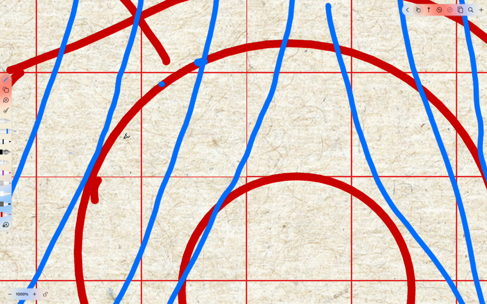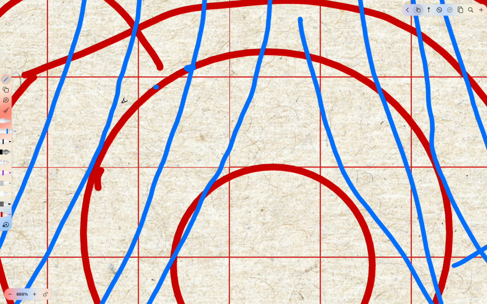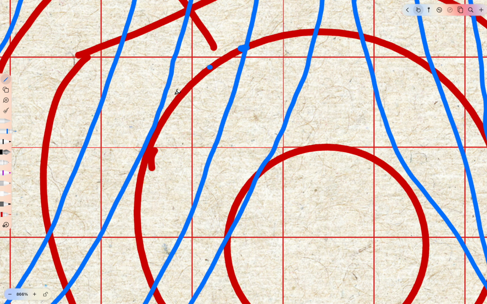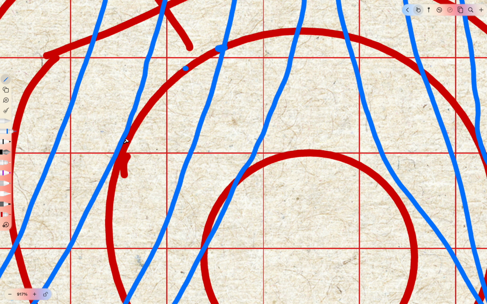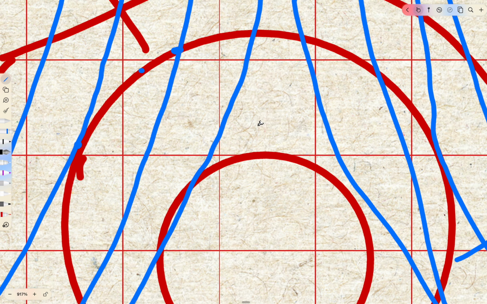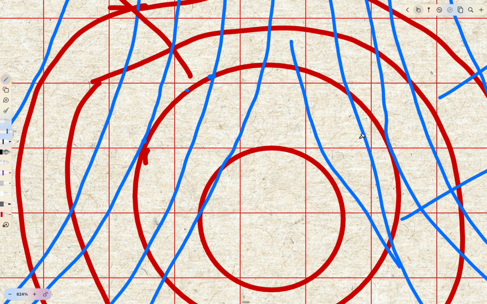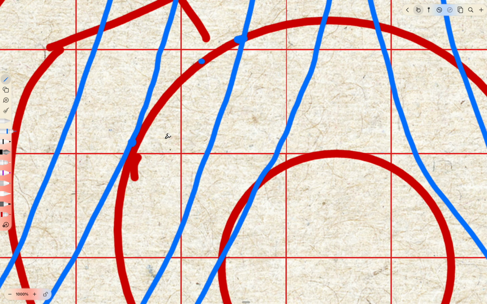So we have to look at the points where the contour line of f just barely touches the contour line of our constraint. And one of those points is here, and one of those points is here. And here is the magic.